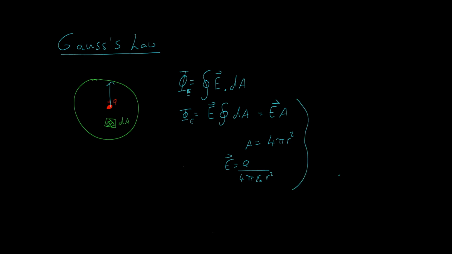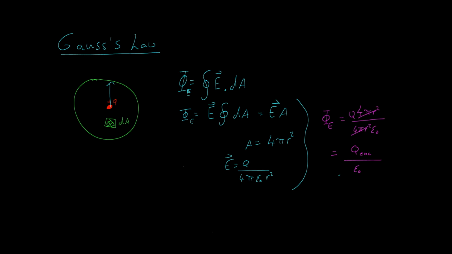So it's going to be the flux over a closed surface is equal to 4 pi r squared over 4 pi r squared epsilon naught. Sorry, Q at the top as well. And that's going to cancel nicely, so then we just get the flux being equal to the charge enclosed over epsilon naught.